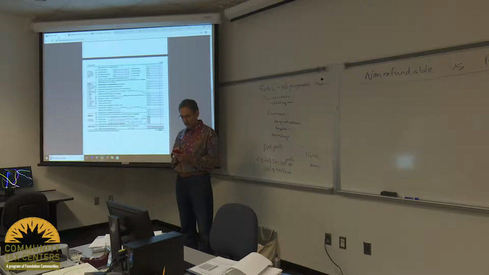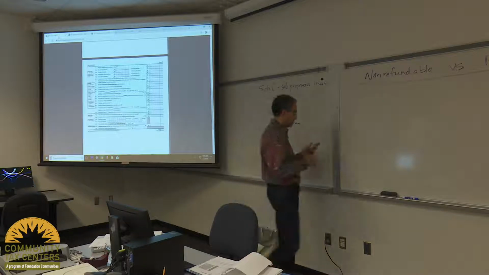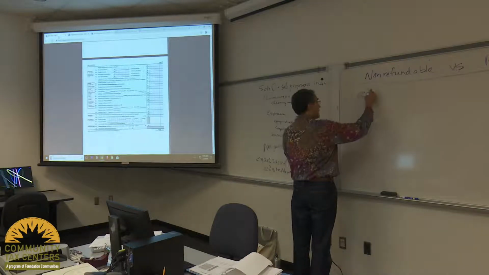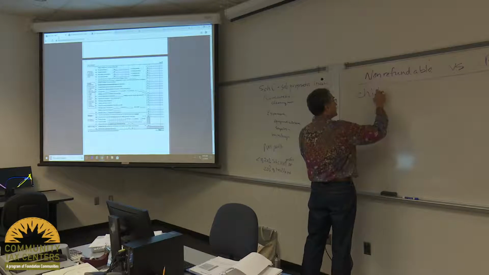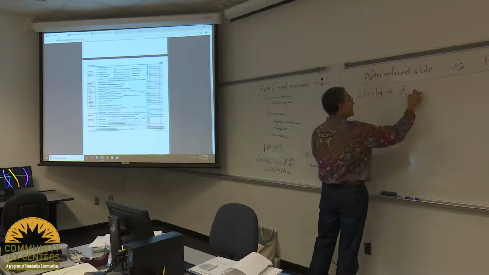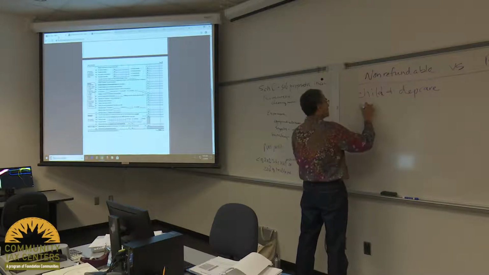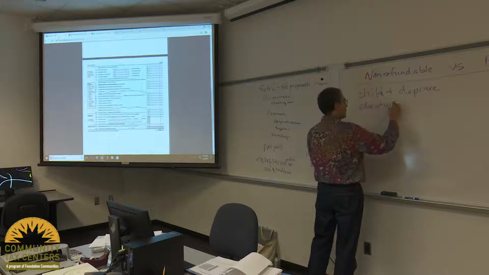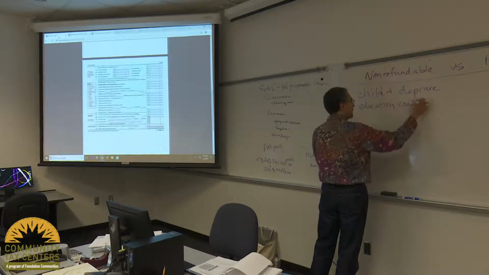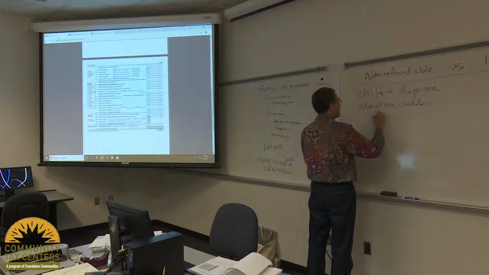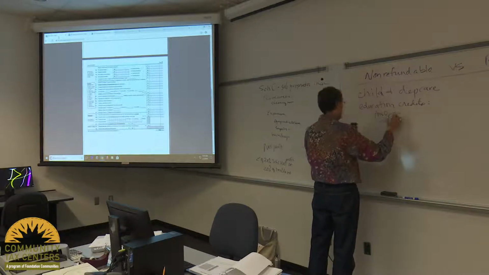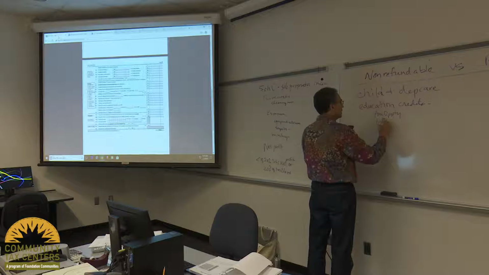I'm looking for a chart that I have. Let's see, here it is. So these are all the non-refundables that we're going to cover, and these are all in your book. Child and dependent care. Education credits, and there's the American Opportunity and your Lifetime Learning.